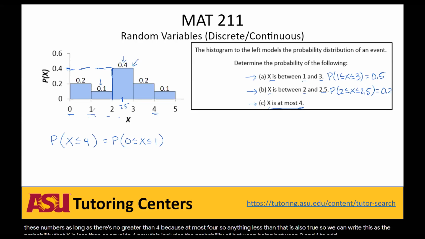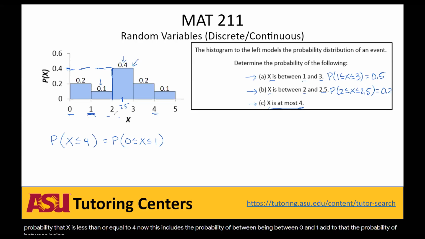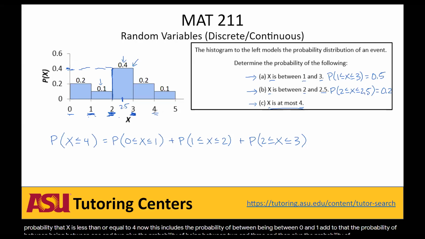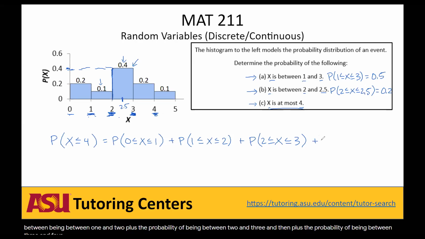And then we're going to add to that the probability of being between 1 and 2, plus the probability of being between 2 and 3, and then plus the probability of being between 3 and 4, since x can go all the way up to 4.